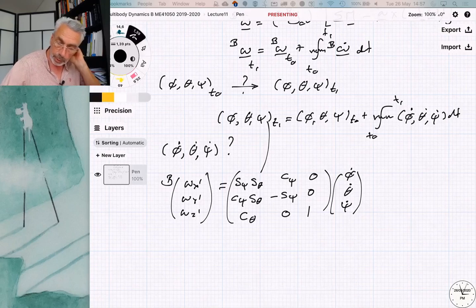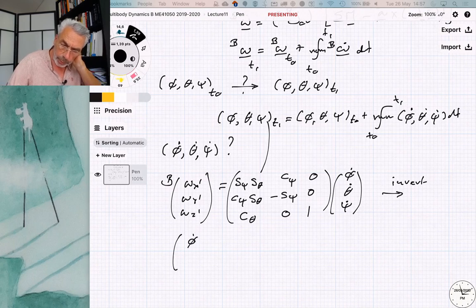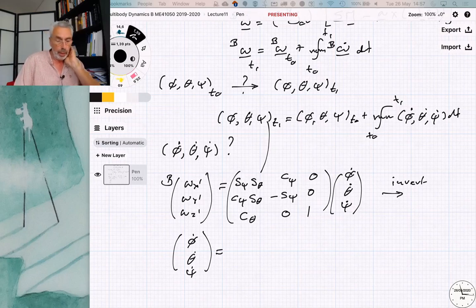Well, that is doable. How do we invert that? Well, phi dot theta dot psi dot equals. The matrix is not so big, and some of you can even take the inverse symbolically by head, I guess.